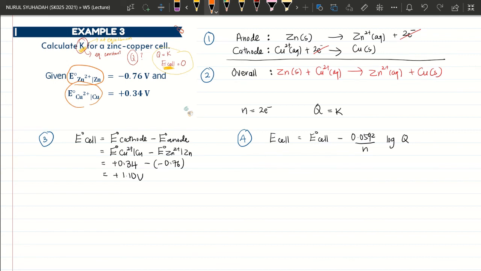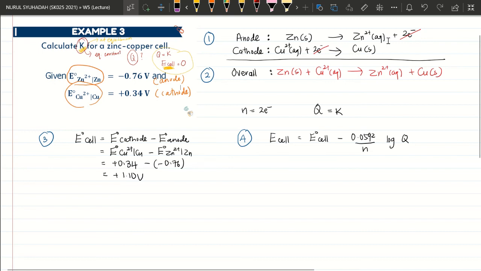Since for the copper it's more positive, so this is our cathode. So copper 2 plus will undergo reduction to form copper, while this is our anode, where oxidation process will occur over here, zinc to become zinc 2 plus.